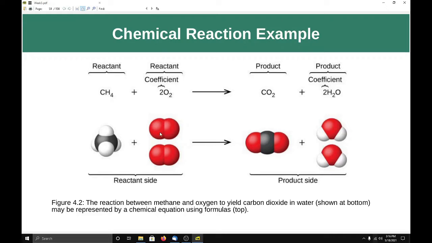Here we have oxygen containing 2 oxygen atoms. You can see that the 2 oxygen atoms are represented by the subscript 2, but because we have 2 of them, it gets a coefficient of 2 as well, for a total of 2 times 2, 4. Our products over here are going to be CO2 and 2 water molecules.